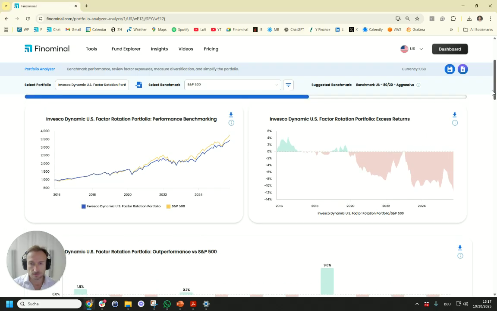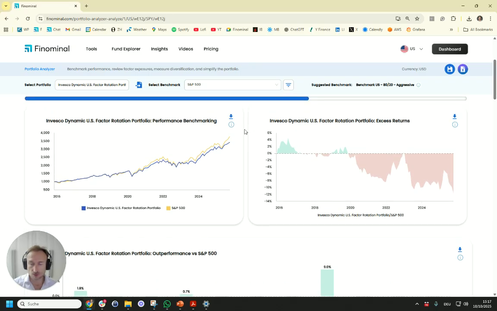And this already concludes our short analysis of Invesco's dynamic US factor rotation model portfolio. As we've seen, this aims to exploit factor cyclicality via factor timing. But the model that Invesco is using has been, well, terrible, unfortunately, and led to an underperformance of 6% per annum.